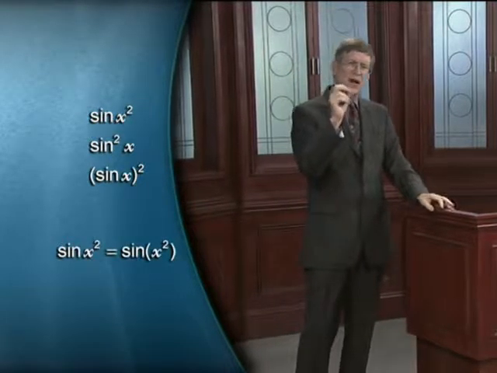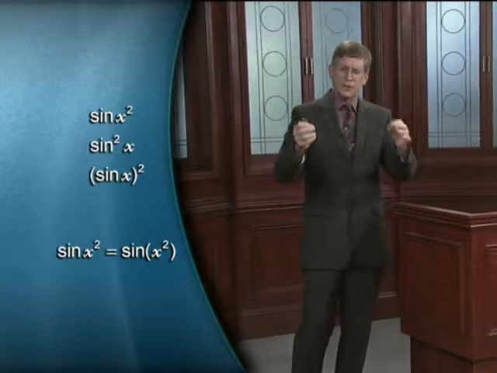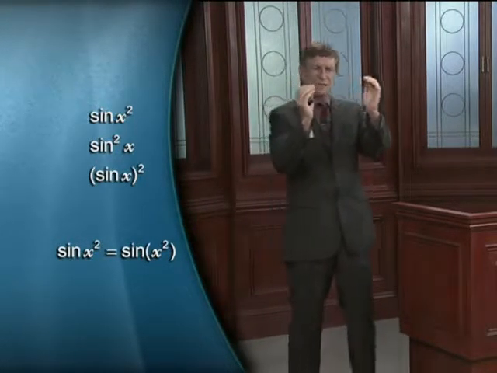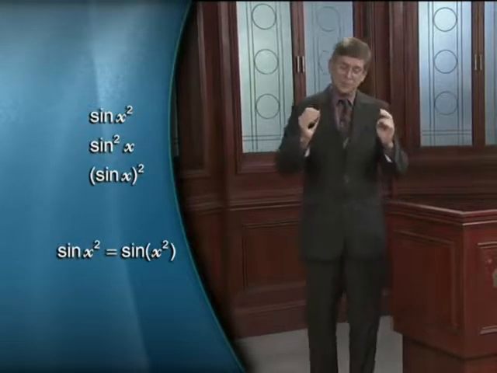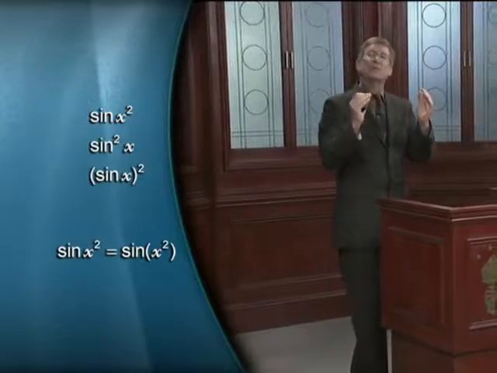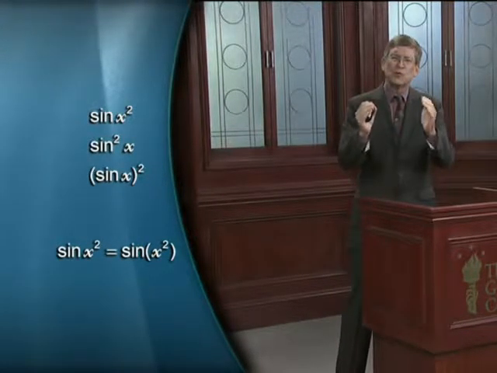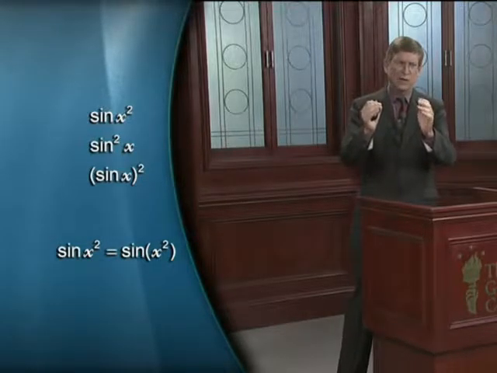Well, sine of x squared without any parentheses at all is equivalent to sine of the quantity x squared, as if you had parentheses around the x squared. And in fact, it's probably preferred to put those parentheses there just to be extra sure the reader understands that it's sine of the quantity x squared.